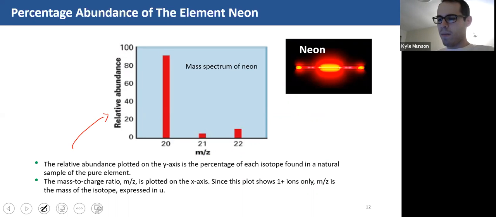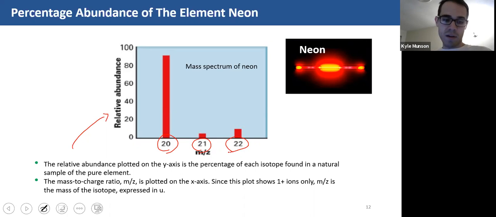The mass to charge ratio is plotted down here on the x-axis. Since the plot only shows +1 ions, the mass to charge ratio is basically the mass of the isotope expressed in U. So these are the neon-20, neon-21, and neon-22 isotopes.